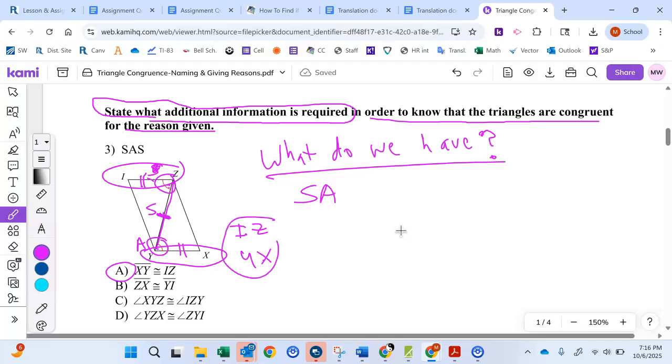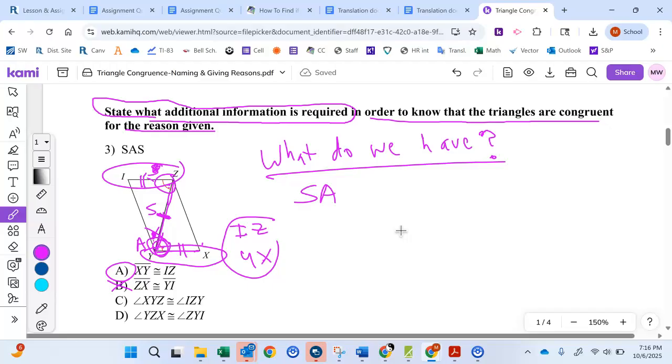So ZX and YI, that would be side. No, because we don't have this angle. We have this angle here. We don't have this angle. No, we have this angle. So it has to be this side angle side, okay? So that means it's not B. Angle XYZ would be XYZ.